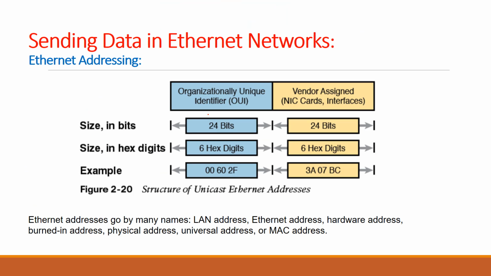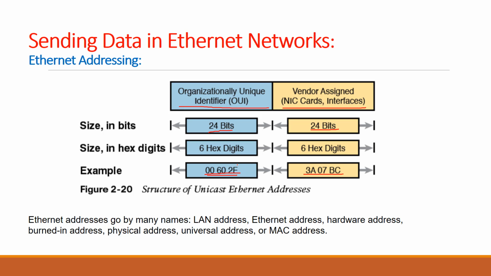As you can see here, the first 3 bytes are called OUI, and the last 3 bytes are called vendor assigned. OUI is 24 bits, and vendor assigned is 24 bits. And they are represented in 12 hexadecimal digits, 6 for OUI and 6 for vendor assigned.